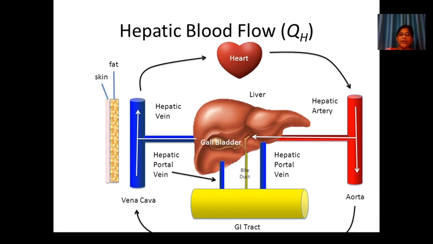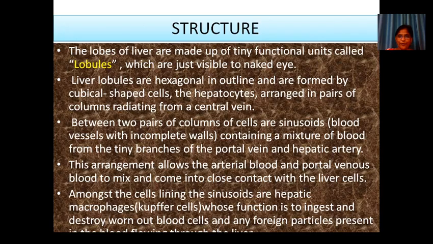Here you can see from the GI tract, the hepatic portal vein also enters the liver, and this hepatic portal vein as well as the hepatic artery gives blood supply to the liver. Whereas this hepatic vein takes out impure or venous blood from the liver to the inferior vena cava. Okay, clear all of you?